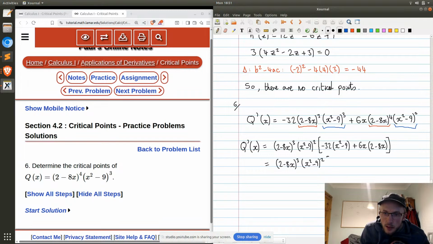And then I've got to clean up what's inside the bracket. So that times that is negative 48x squared. And that's negative 32. So I'm going to have negative 80x squared just there like that. And then I have 12x.